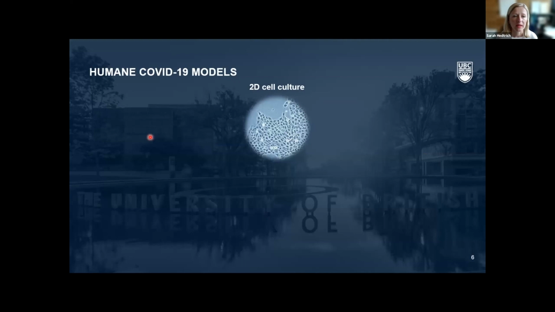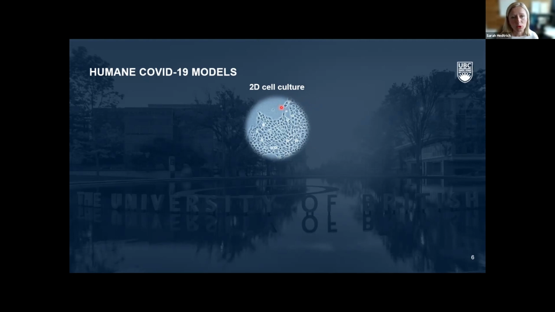There are a couple of human-based COVID-19 models, and I start with a very simplistic model, which is clearly the 2D cell culture. 2D cell culture models are widely used. They are very important and very easy to use models, cell lines, but also primary cells. And I would like to emphasize that primary cells are clearly the model of choice. There's always the discussion about limited accessibility, although currently, there are quite a few companies that provide access, and there are also biobanks through which you can access primary cell cultures.